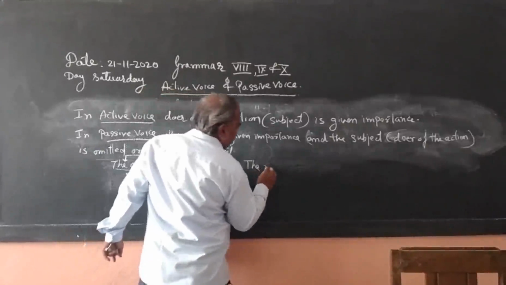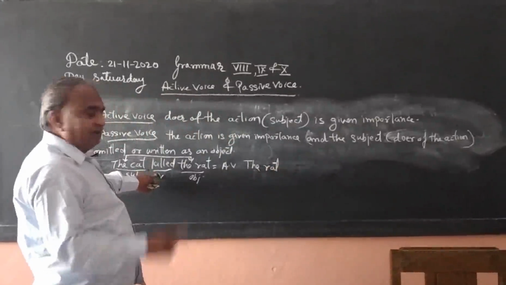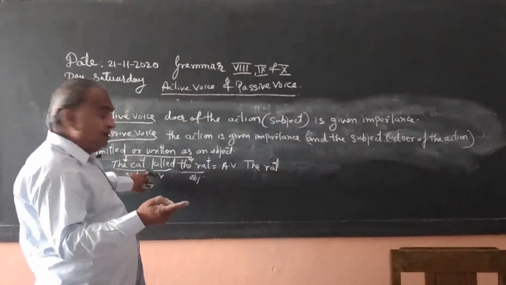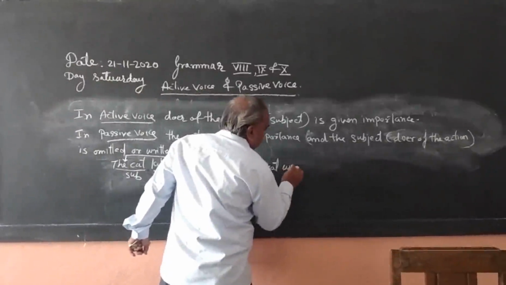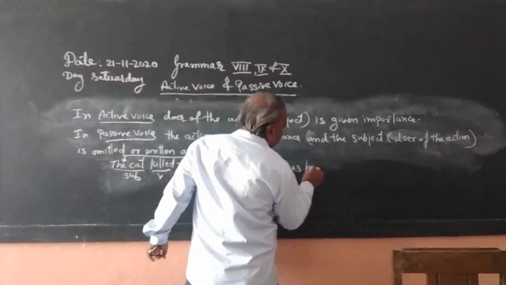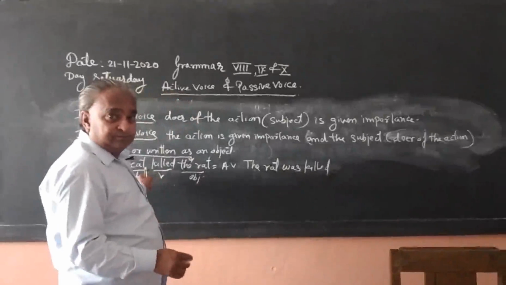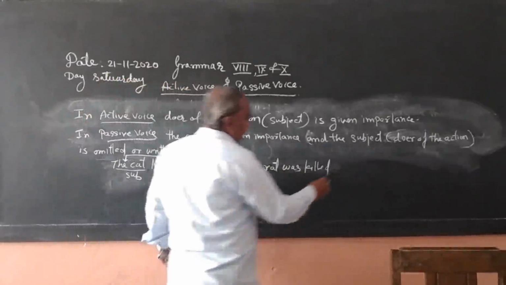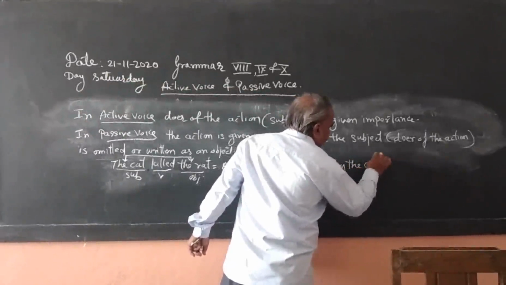Here, the rat. I have told you, if it is in past tense, when we are converting it to passive voice, we need one auxiliary verb because this is in past tense. The rat was killed by the cat.